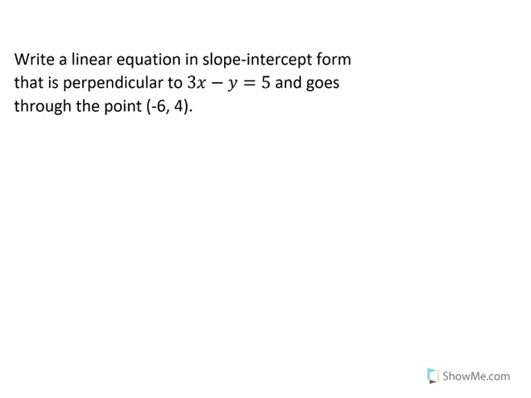Alright, let's try one more. In this question it says to write a linear equation in slope-intercept form, so again we're going to have to change our point-slope at the end to slope-intercept. And we know that it is perpendicular to this equation and goes through our 1 point.